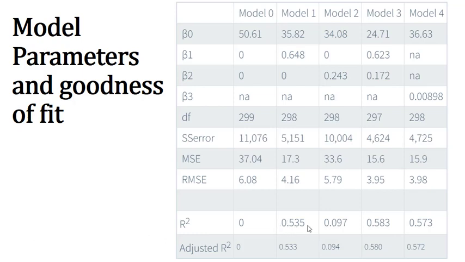So 0.535 becomes 0.533, 0.097 becomes 0.094, 0.583 becomes 0.580, and 0.573 becomes 0.572. So still model 3 is the one that explains more of the variability of the data.